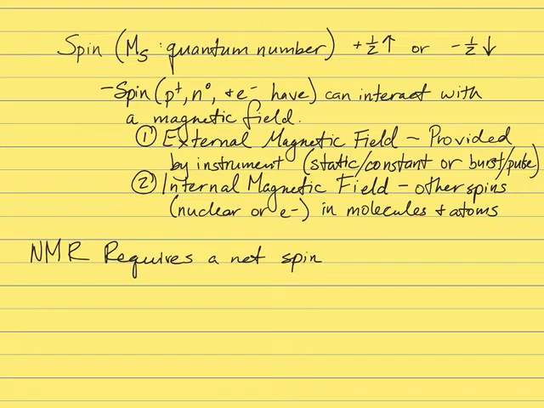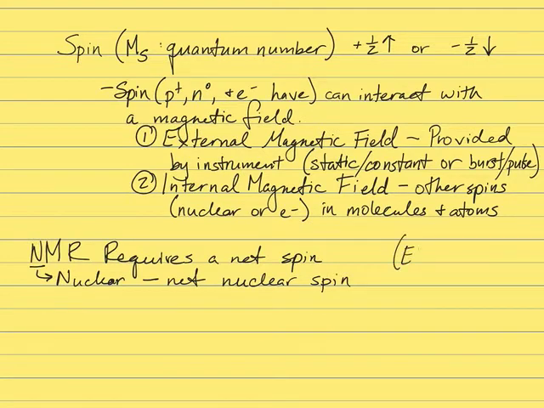NMR requires a net spin, and the N, we know, stands for nuclear. So what we need is actually a net nuclear spin.